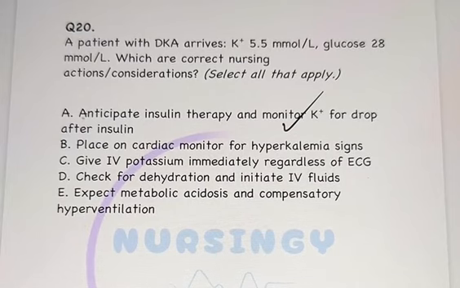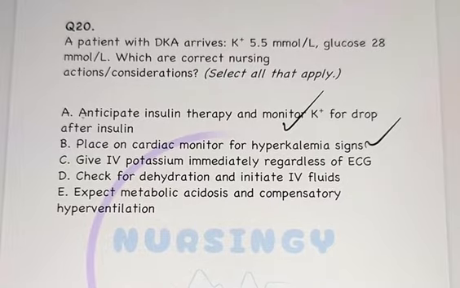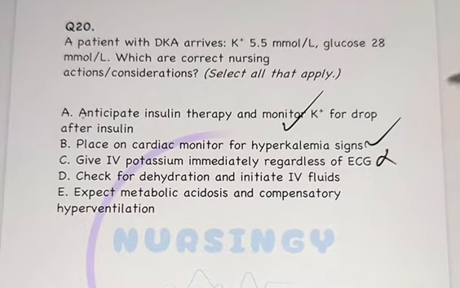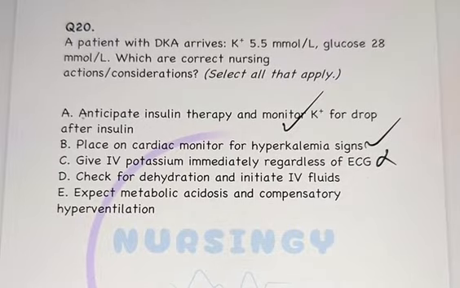What about B? Place a cardiac monitor for hyperkalemia signs. Definitely, cardiac monitoring is required for hyperkalemia, because it can cause arrhythmias. C: give IV potassium immediately, regardless of ECG. Can you give IV potassium immediately? No, we don't want to do that.